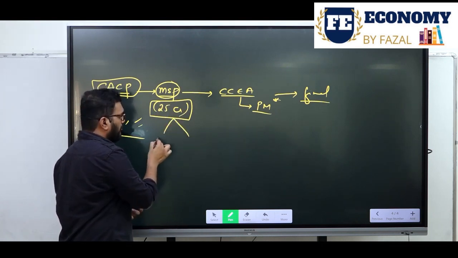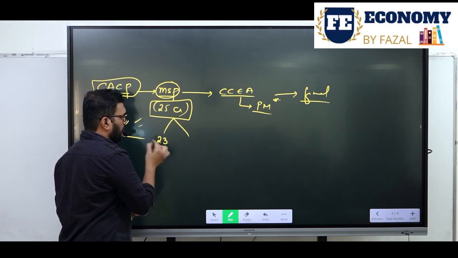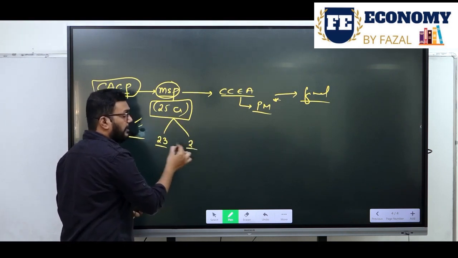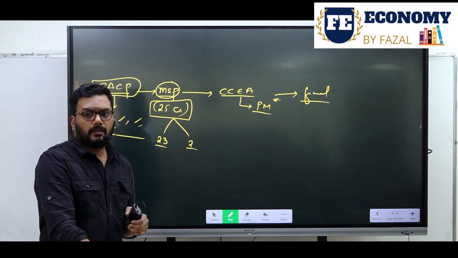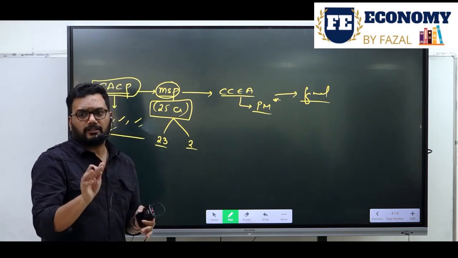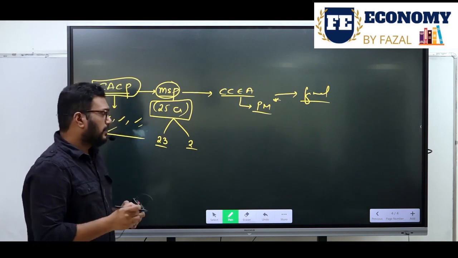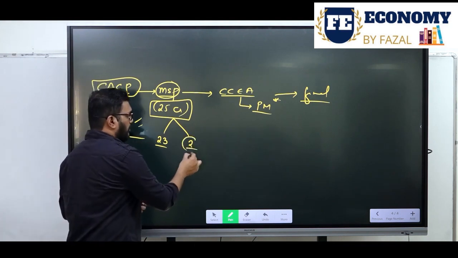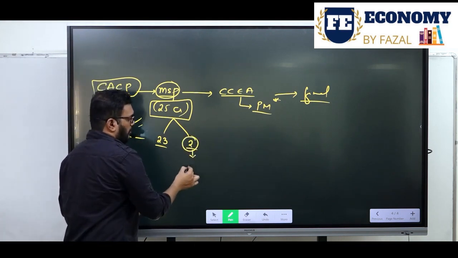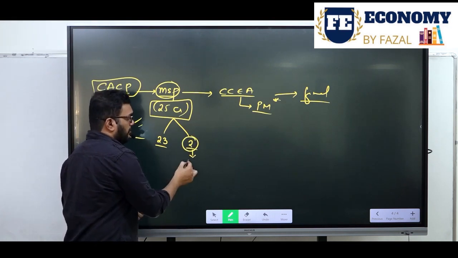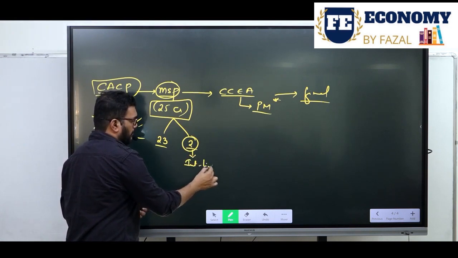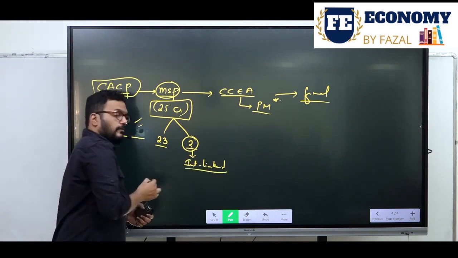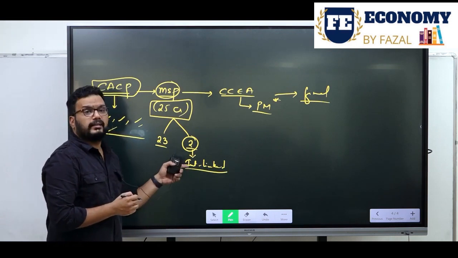Crops are 25, but prices are declared for only 23, which means 2 crops are interlinked.